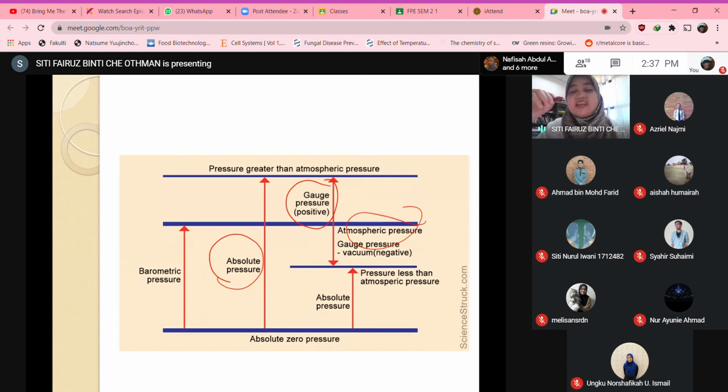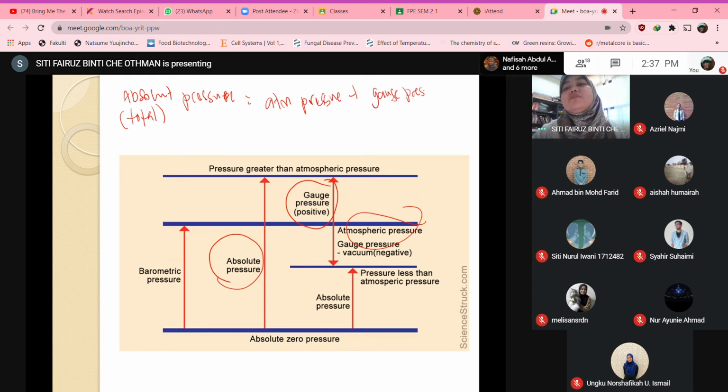Okay, another name for absolute pressure is total pressure, which is atmospheric pressure plus gauge pressure. Okay, this is something that you guys have to remember. You have to remember.